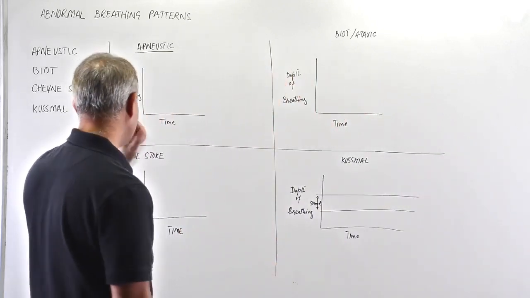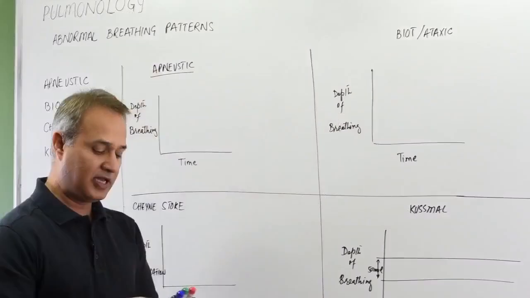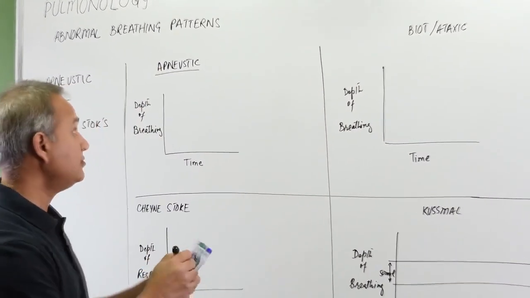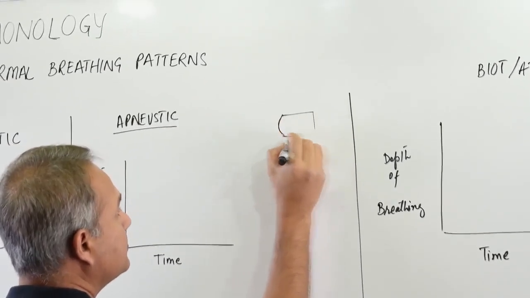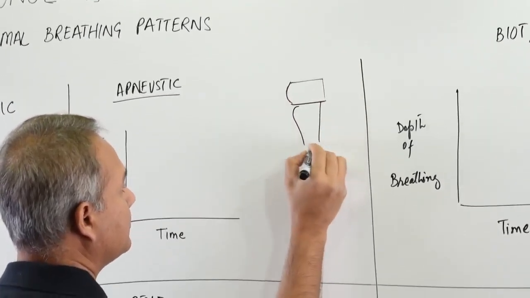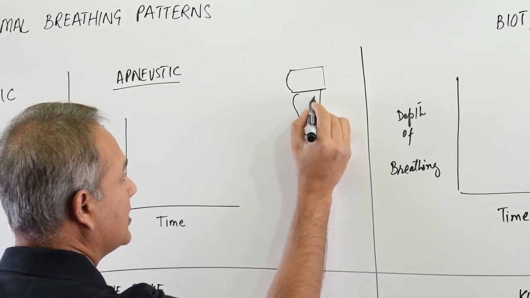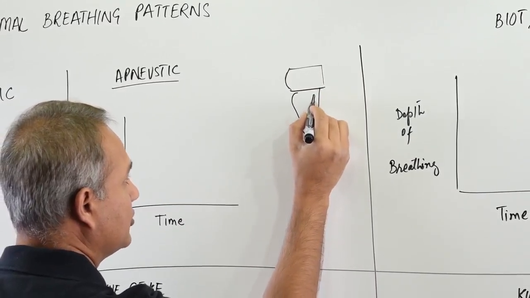So first of all, apneustic breathing. What that means is it is a breathing in which, so let's see for a second, let's say this is pons and this is medulla. Remember that in the dorsal medulla there is a respiratory center.